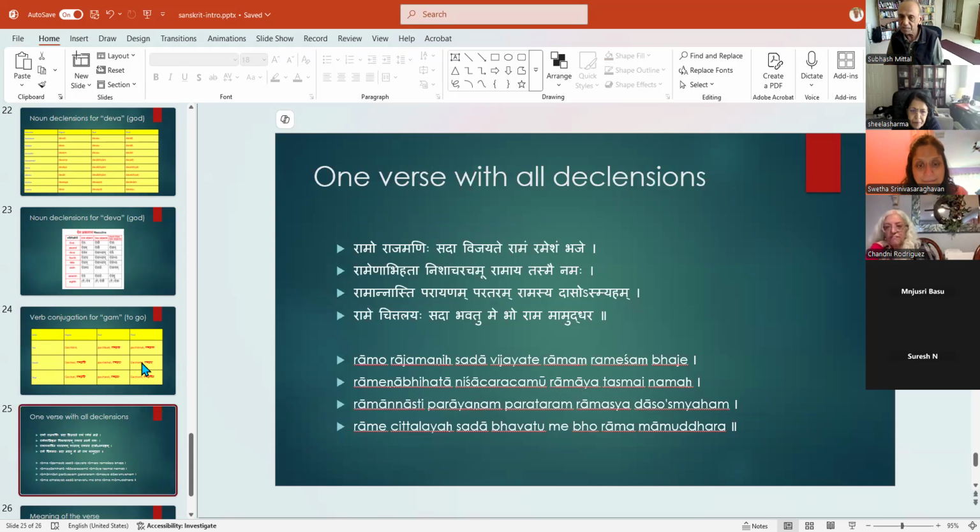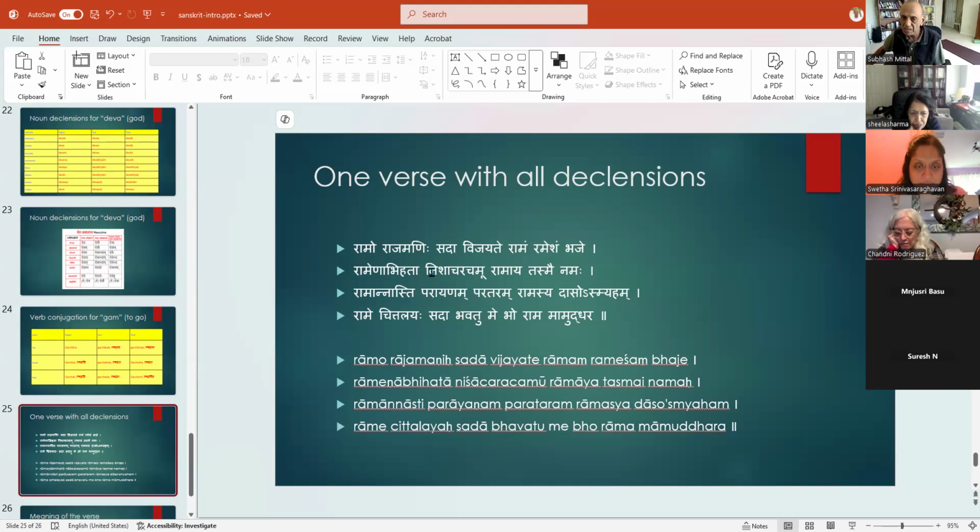Now here is one verse which is very popular and well known. It's about Lord Rama and includes all the declensions, all 8 of them. Let me read it quickly, and then we'll see the meaning also.